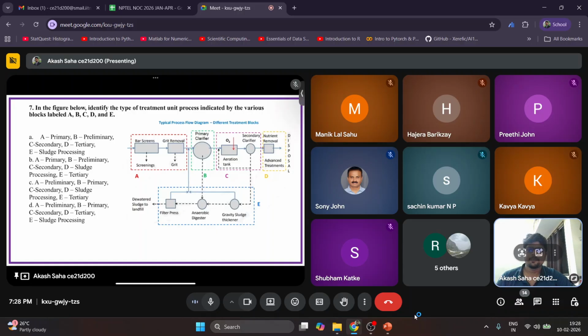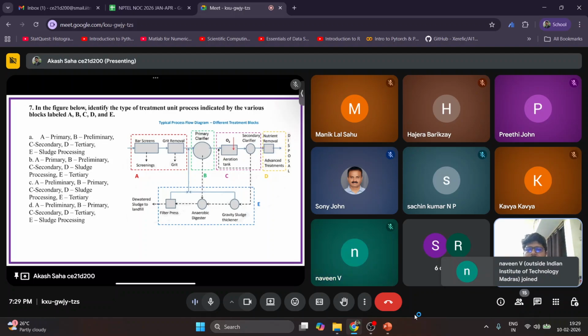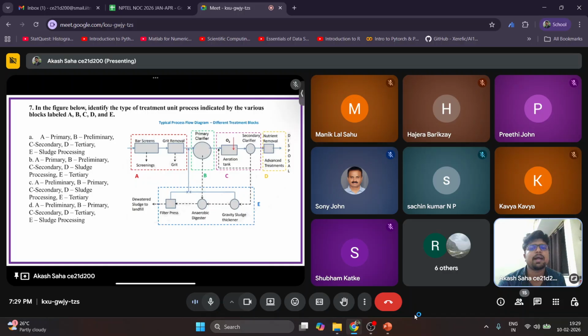So it is D. The first block, block A, shows bar screen and grit removal. These are preliminary treatment. Then we have the primary clarifier, which is the primary treatment. Then we have the aeration tank and secondary clarifier, so it is the secondary treatment, or the biological treatment. Then we have some advanced treatment or nutrient removal, which falls under tertiary treatment.